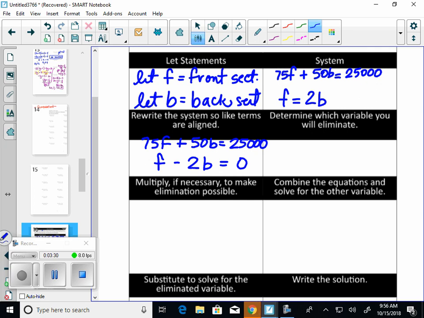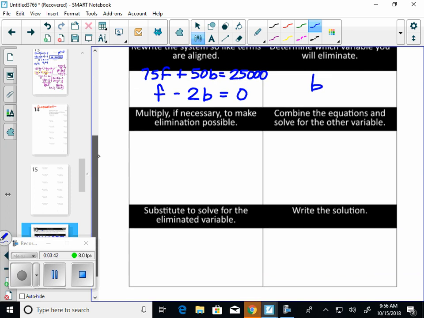So which variable do you want to eliminate? I'm going to eliminate the B because it's already a positive and a negative. So I don't have to worry about changing signs. In order to eliminate B, I need to multiply this second equation. I need to multiply everything in there by 25 because I want it to eliminate with the 50. That means this first one will remain the same. 75F plus 50B equals 25,000.